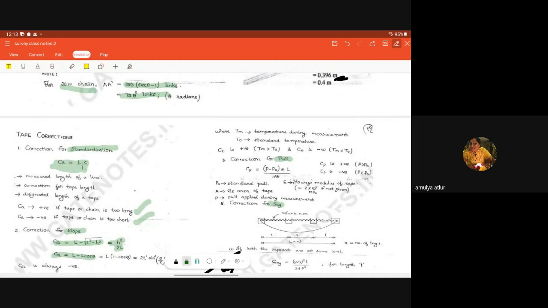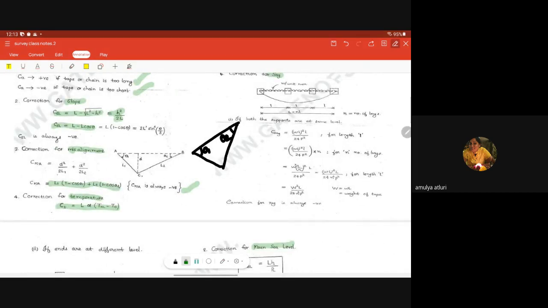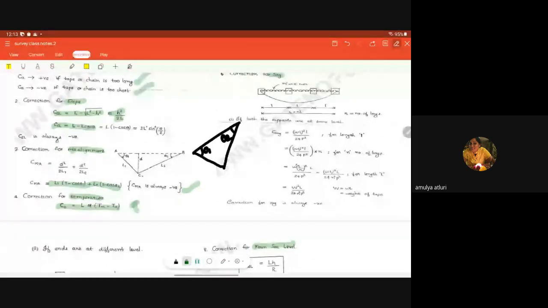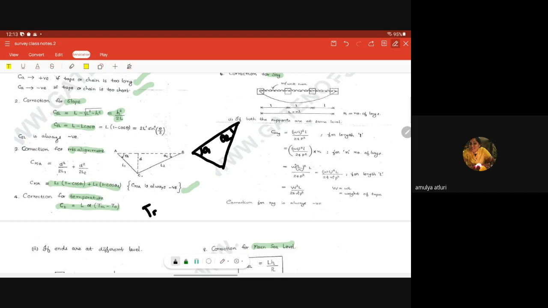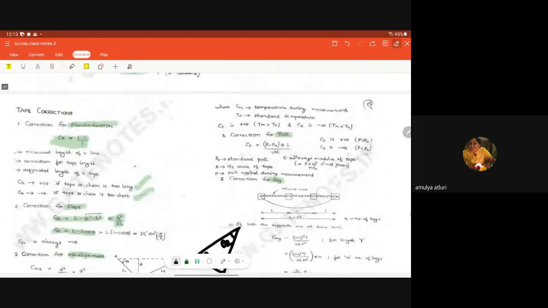When is my CT positive? If Tm is greater than T naught, then my CT is positive. If my Tm is less than T naught, then my CT is negative. We know it, right? So that is the temperature correction.